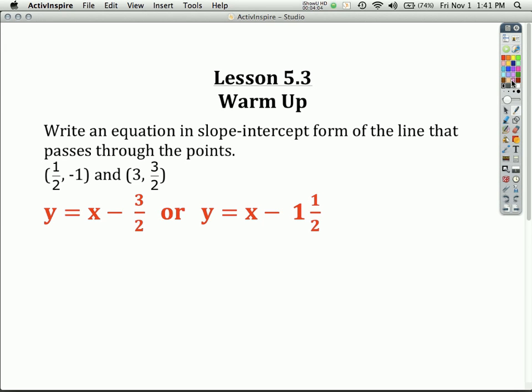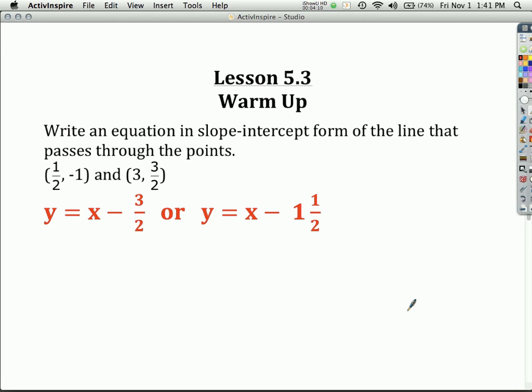So let's go back and talk about what it is we need to be successful. What are the pieces of information we need to actually provide what I'm asking for? Brandon? Slope and a point. Okay, good. So we have 2 points in this case.